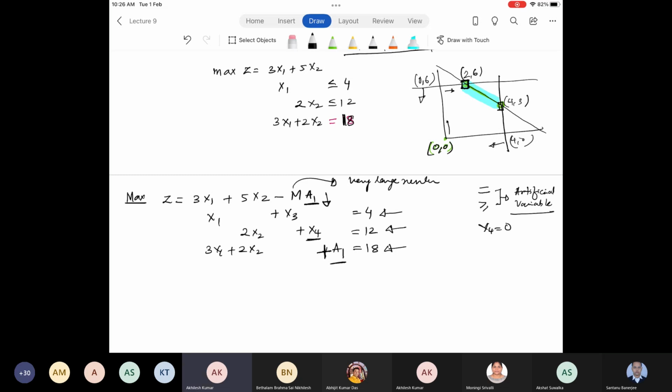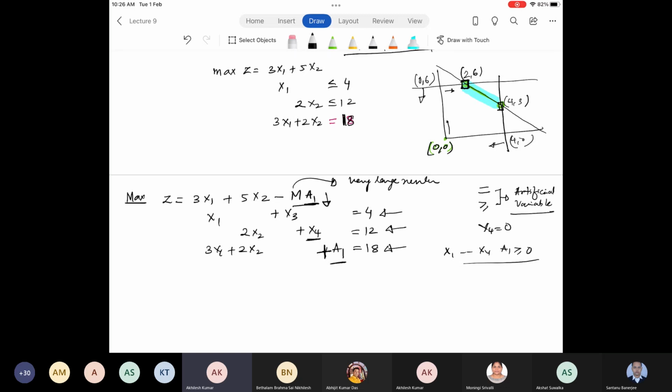So what A1 value will it prefer? 0? 0, sir. Yes. You can say that A1 can be negative, but the way we have defined x1 to x4 and A1, they should be greater than or equal to 0. So the best value for A1 is 0, and this is how we ensure that.